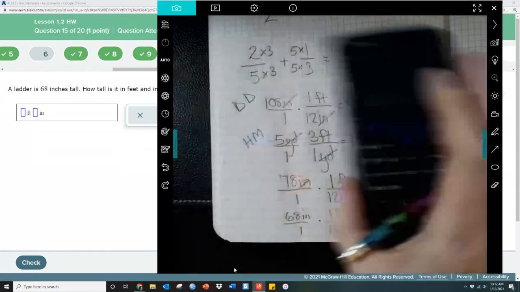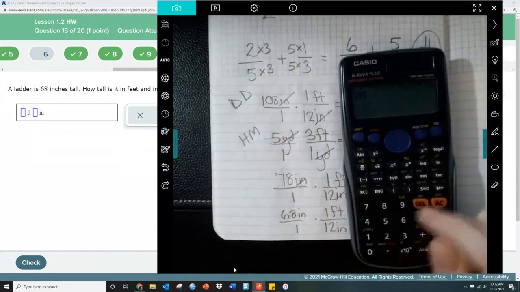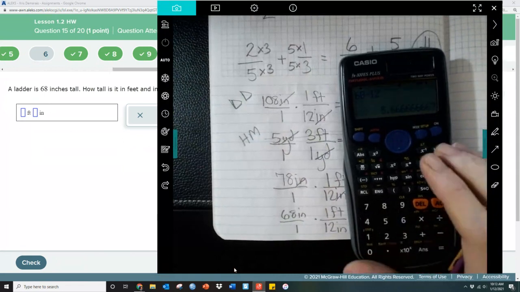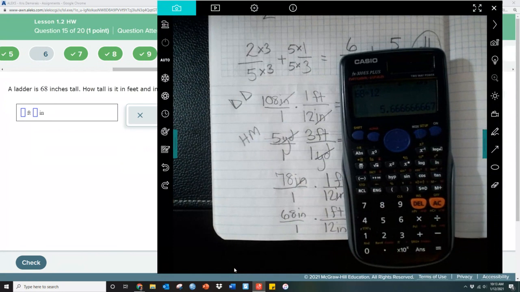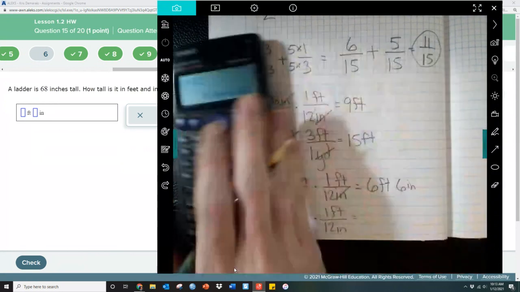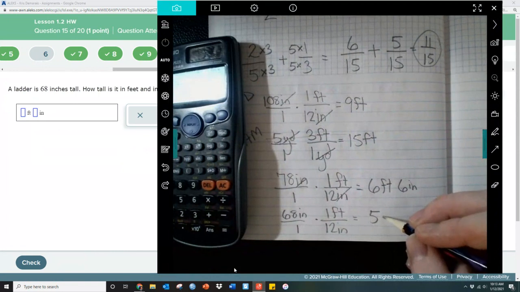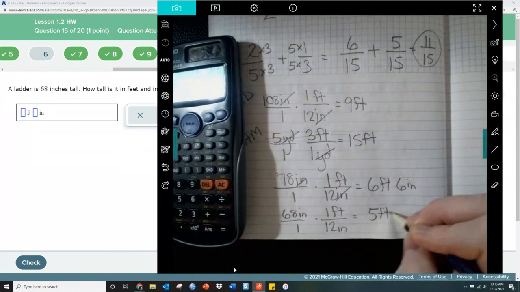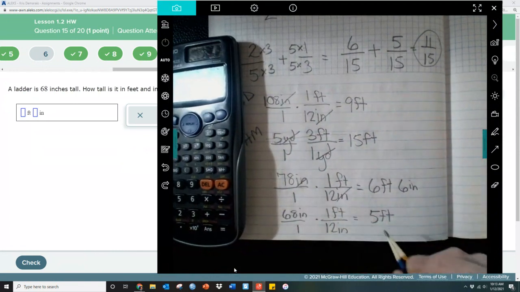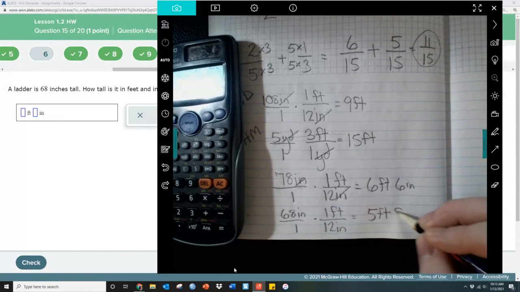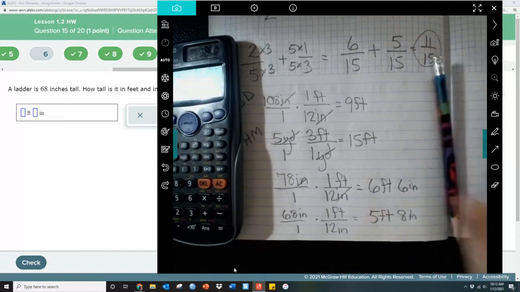We're going to do 68 divided by 12 and get 5.6 continuous, so we know it's 5 feet. Since we have 5 feet, 5 times 12 is 60, and if we take 60 away from 68, we have 8 inches left.